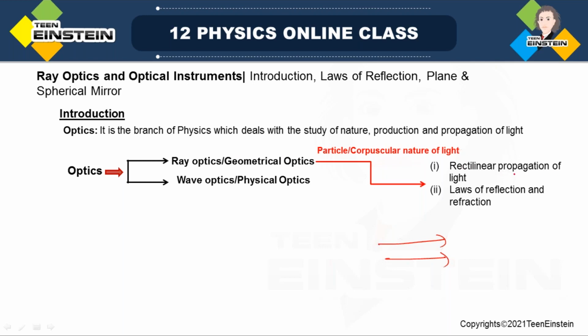And this rectilinear propagation was described by the scientist Descartes, giving his famous model first, that is the corpuscular model. Corpuscular means particle model. I'll write about it.